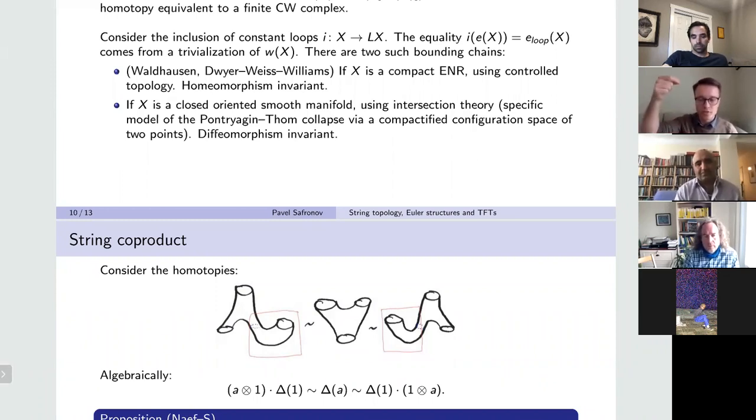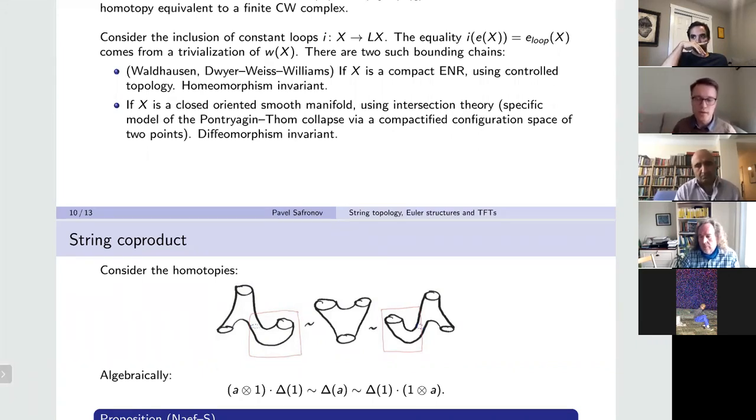You take one circle and pull it down, and you get the picture on the left. The way the picture on the left looks, it's a multiplication followed by applying it to the elbow. And you can also do this on the other side: you pull the other circle down and extract an elbow.